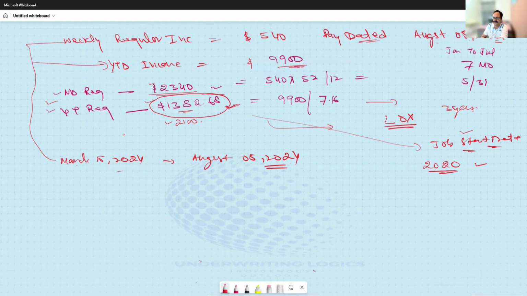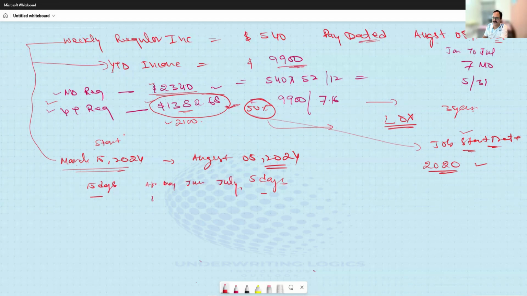Here, you can easily find out that 50% less income overall should not be possible. How is it possible? Number one, the borrower has worked. If the borrower's employment start date comes as March 15, 2024, then how many months? 15 days of March, 5 days of August. Then we have April, May, June, and July.